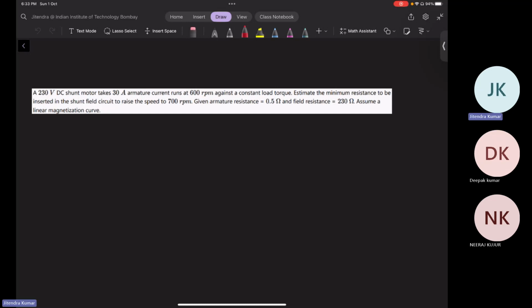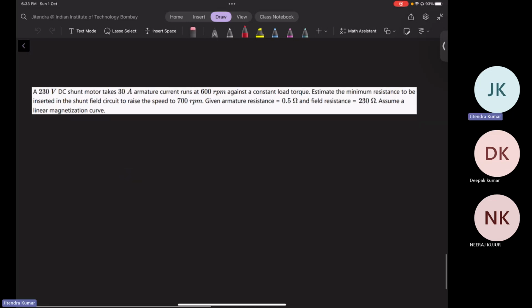I'm asking: what do you expect from the machine when you are inserting a certain amount of resistance in the field circuit? Field current will decrease. Exactly. Therefore the field will be weakened. It means flux will be reduced, right? Yes. So that's what we are going to do in this problem.